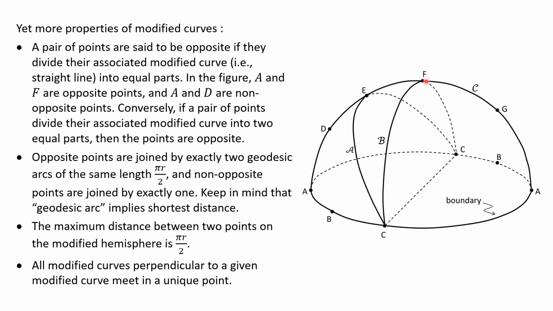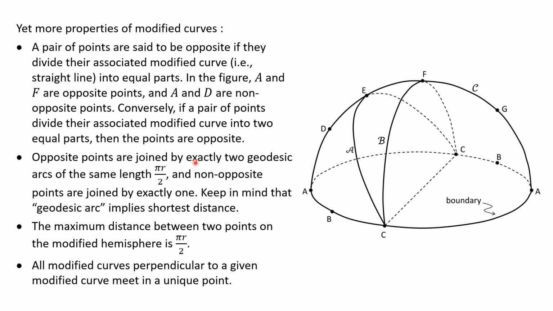So A and F would be opposite points, whereas A and D are not opposite points since they don't divide their modified curve in half. Conversely, if a pair of points divide their associated modified curve into two equal parts, then the points are opposite. That's just completing the definition of opposite points.